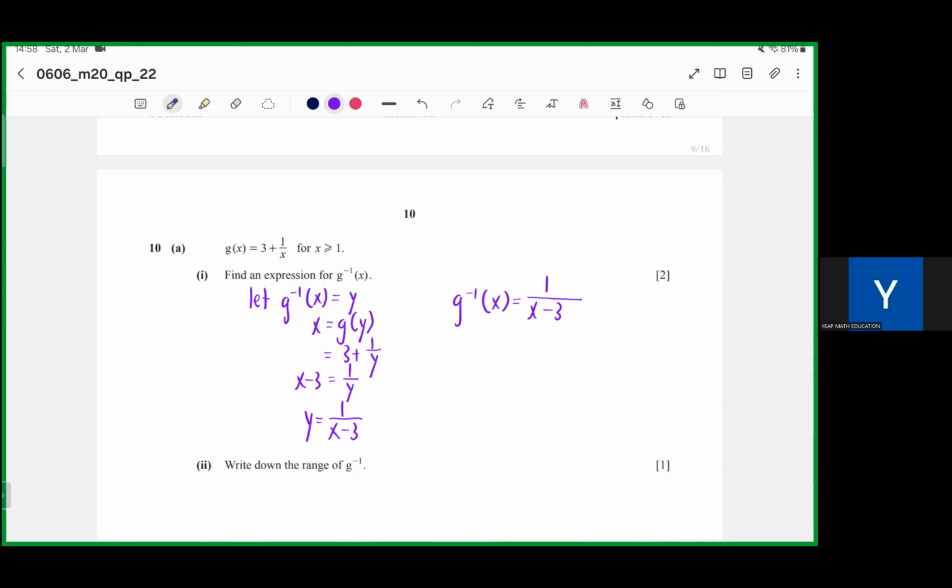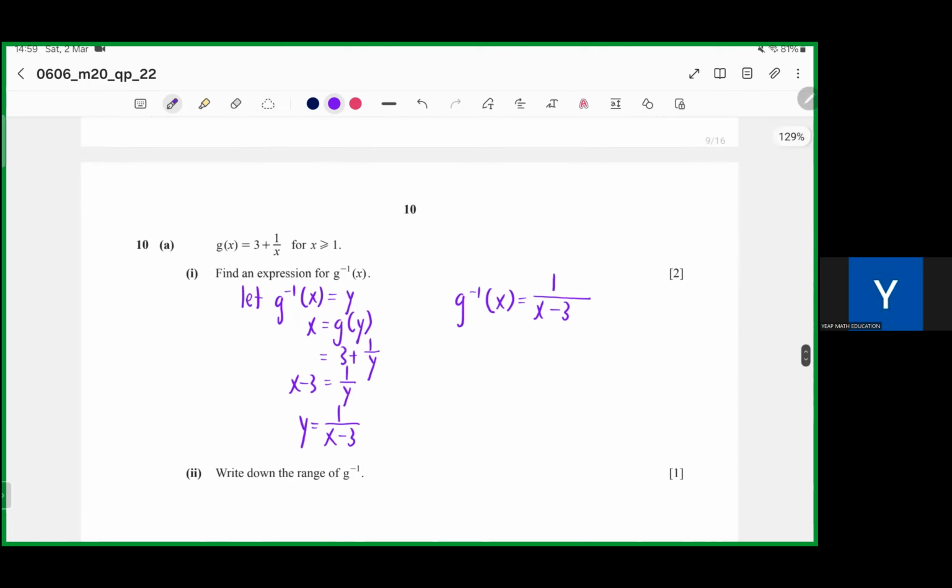Now I need to give you some information here. As we know, for the domain of g(x), x should be more than 1, right?